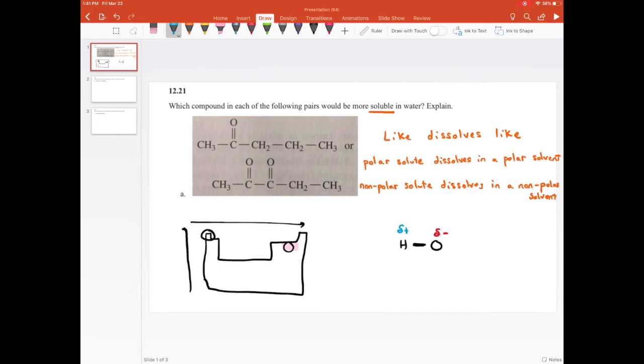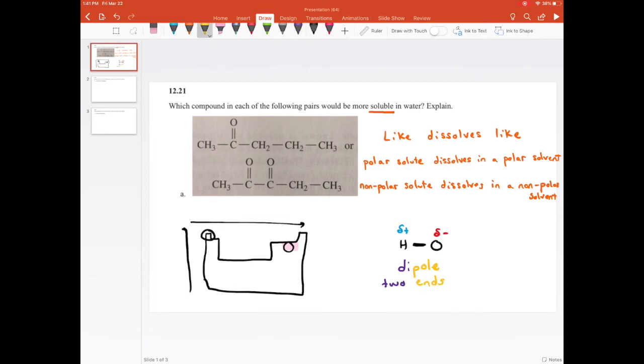The oxygen's becoming slightly negative because the electron, which has a negative charge, is spending more time around it, and the hydrogen is becoming slightly positive because it is less electronegative. The electron is spending less time around it, and the electron has a negative charge. So that is what's called a dipole. This bond has two ends.